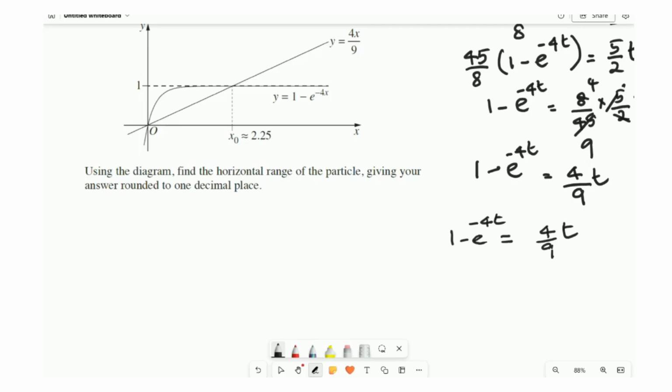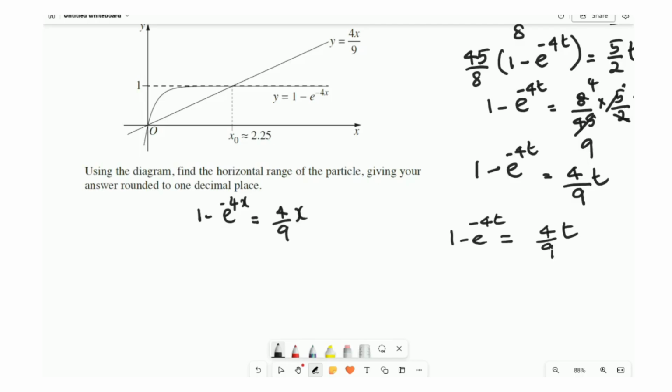So the intersection point of these two graphs means the solution of 1 minus e to the power minus 4x equals 4 over 9 x.